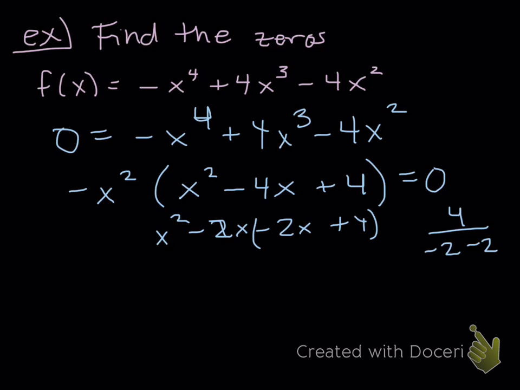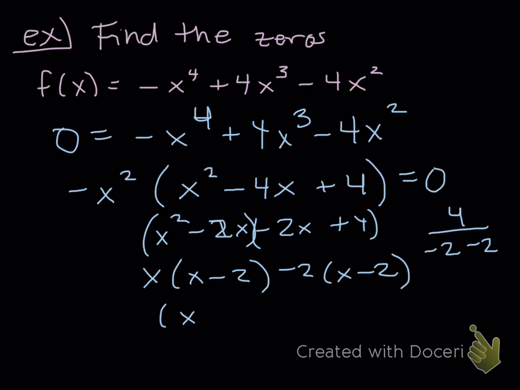And then you group the first two and group the second two. I can take out an x. And in the second quantity, I can take out a negative 2. So this factors down to be x minus 2 and an x minus 2. And again, this negative x squared that we pulled out initially is just following us through.